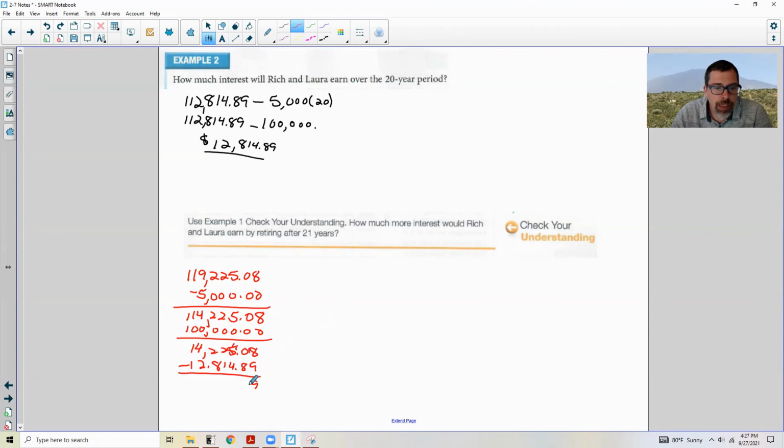So it's going to be $1,410.19 more. So all I had to do in that one is what we did up here. Take the new balance that we got on the previous page and subtract 105,000 instead of just 100,000, and then take the difference of the two.